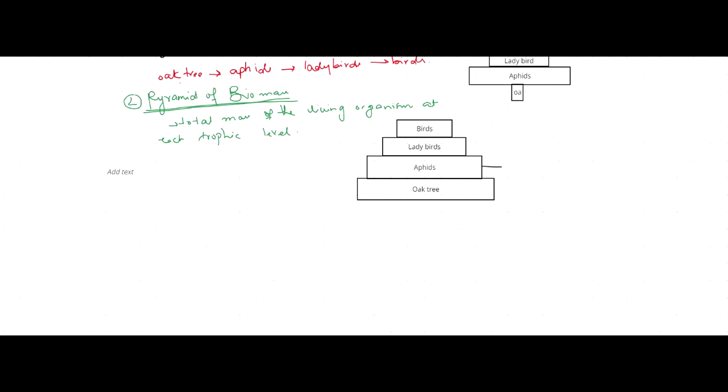Now, another important thing that we have to discuss is the interaction of organisms in an ecosystem.